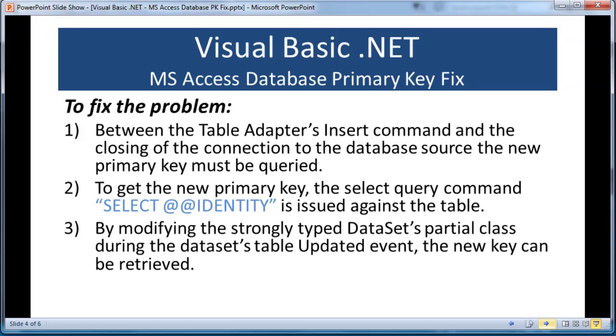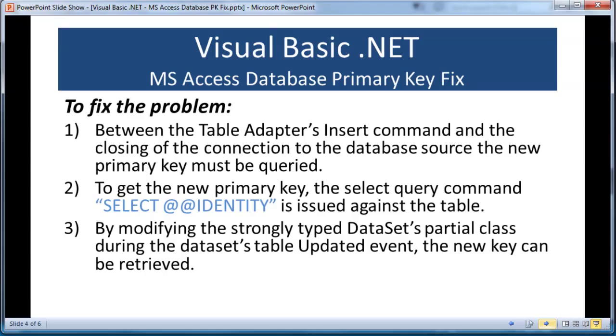First of all, we need to deal with the table adapter's insert command. Now, this issue is basically for strongly typed data sets. If we're coding everything by hand, we can code for the extra command that we need.